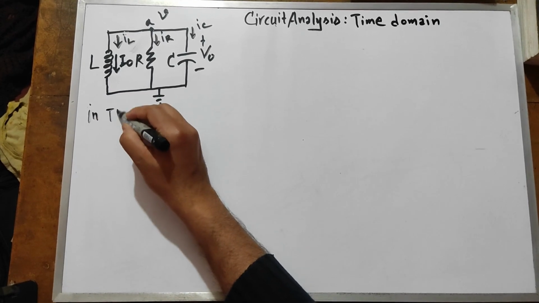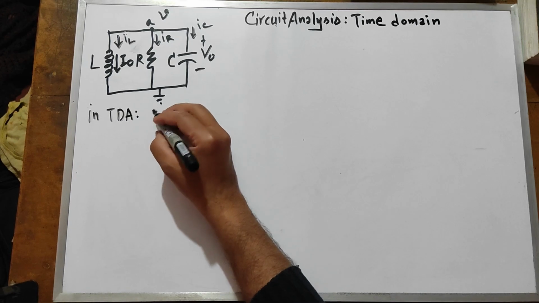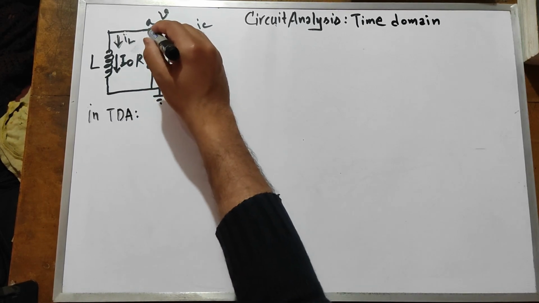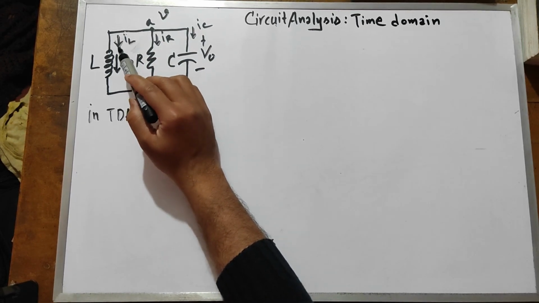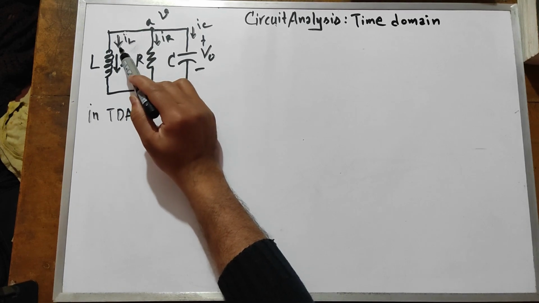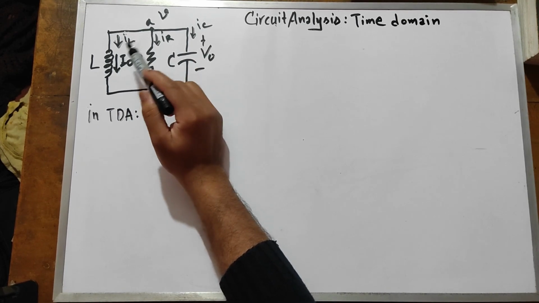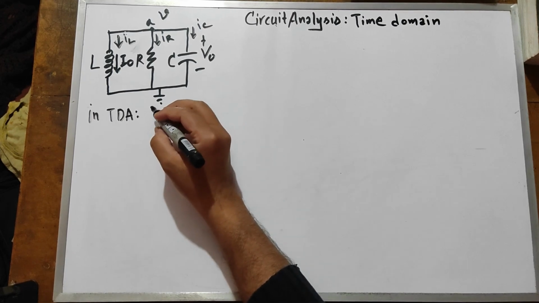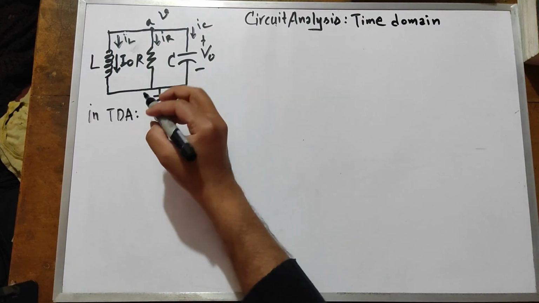So in time domain analysis, I'm gonna apply KCL at node A here, and I have assumed current direction for the three node currents, or branch currents.